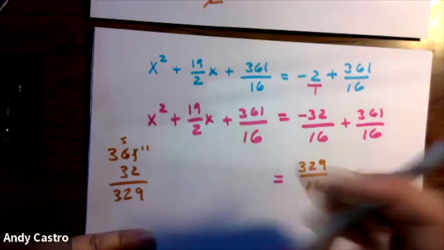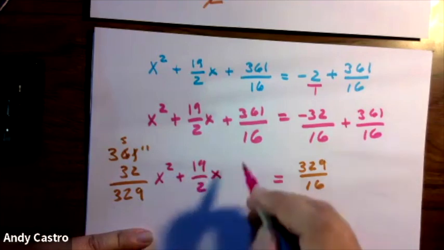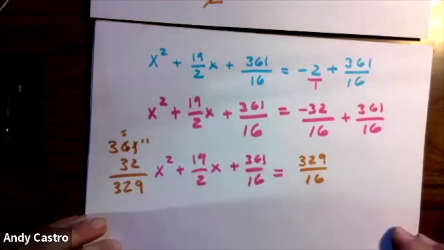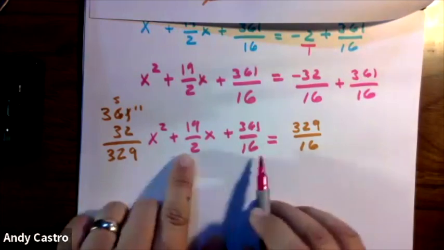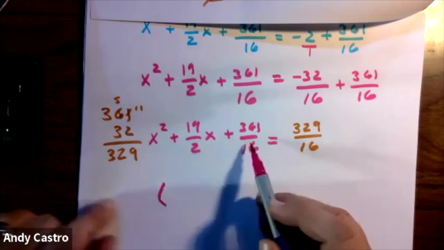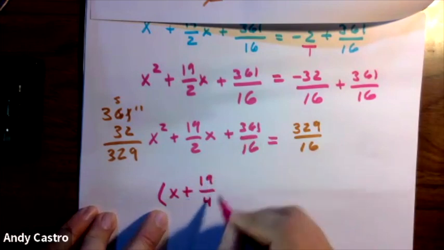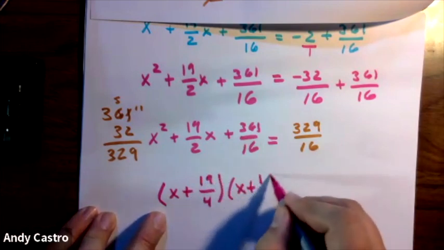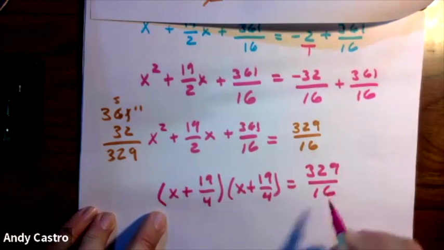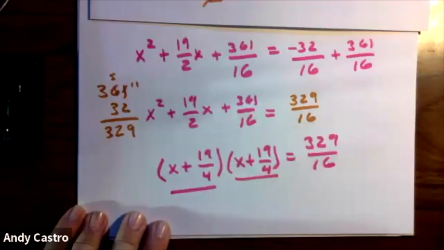And this, of course, is x squared plus 19 over 2x plus 361 over 16. All right. So now my perfect square here, the two things that add to give me 19 over 2 that multiply to give me 361 over 16 are x plus 19 over 4 times x plus 19 over 4. Since I'm multiplying the same thing twice, I can square that.